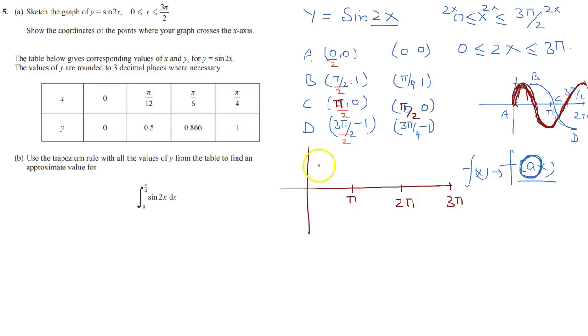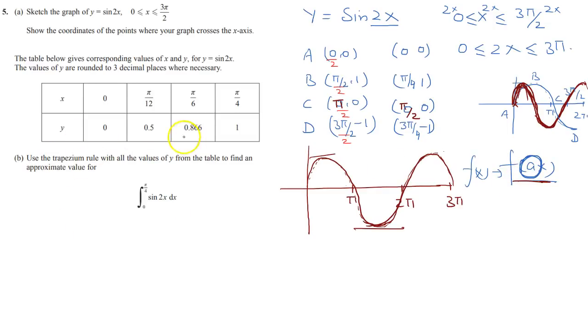Now this curve will go like this. So that is the answer. This value will not change because this is of this form.